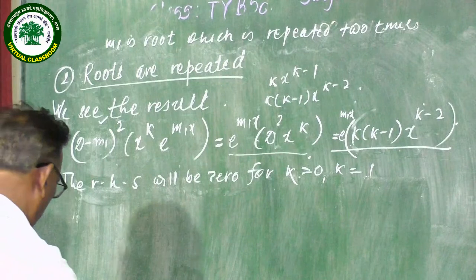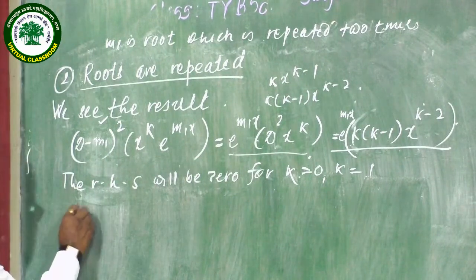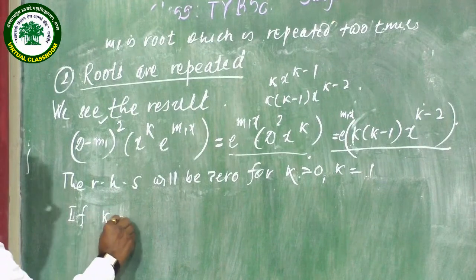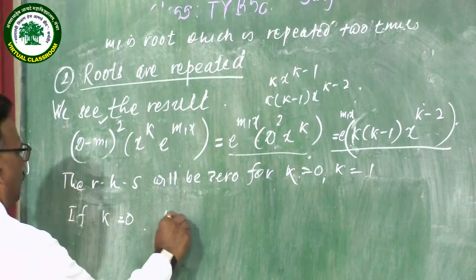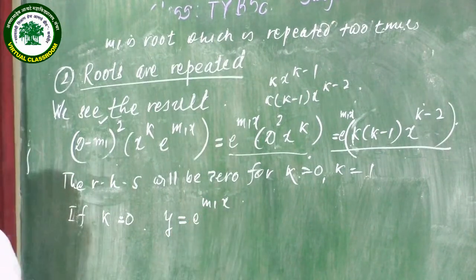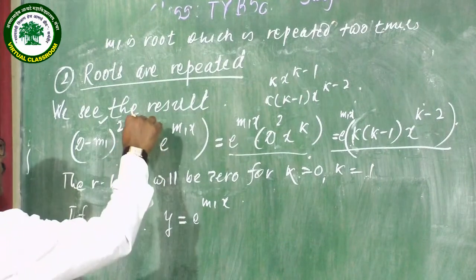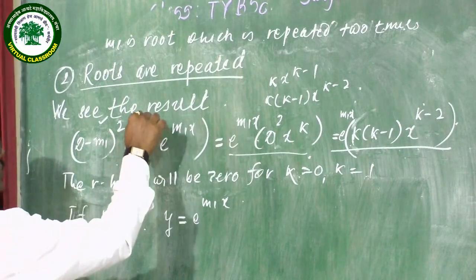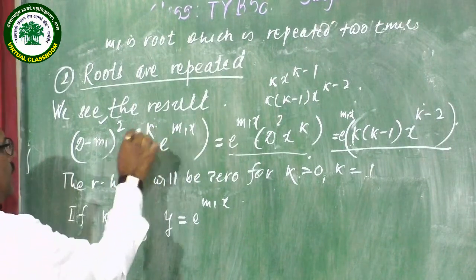Therefore, if k is equal to 0, what will happen? Here y is equal to e^(m1 x), since anything raised to 0 is 1.